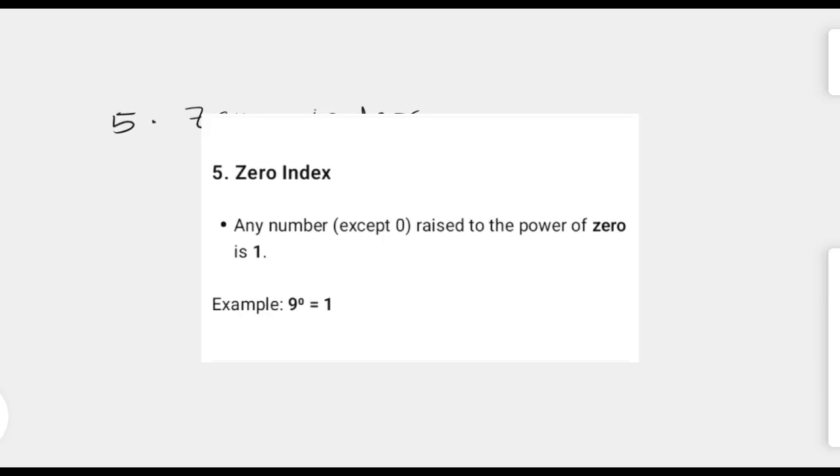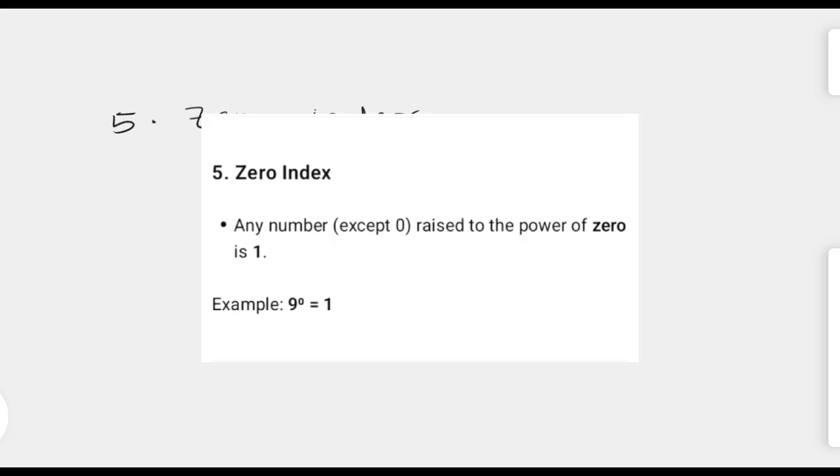Number 5, let's define what a zero index means. Also, we use it while we are talking about our laws of indices. So a zero index is simply any number.